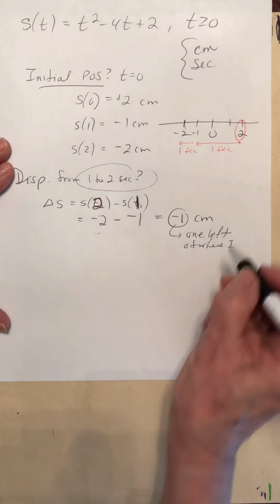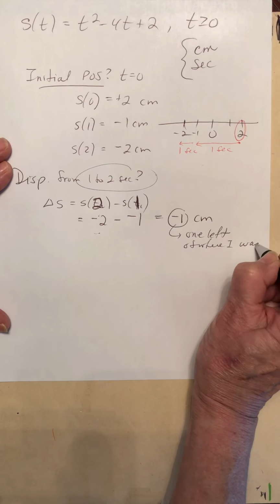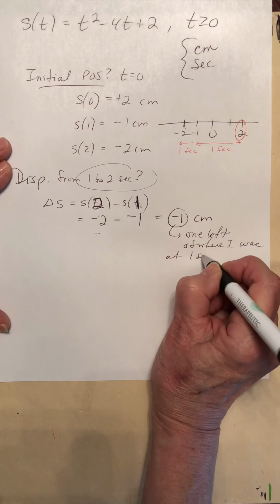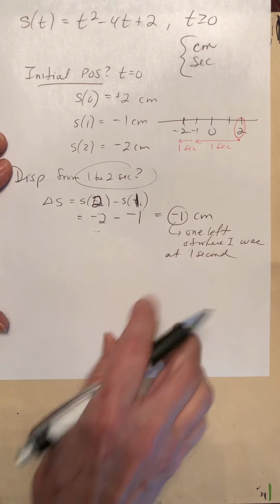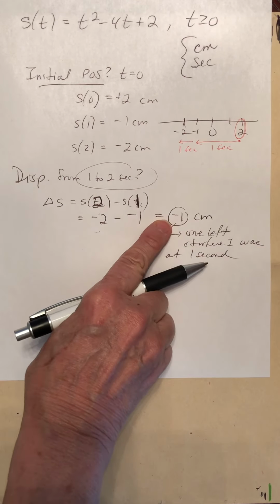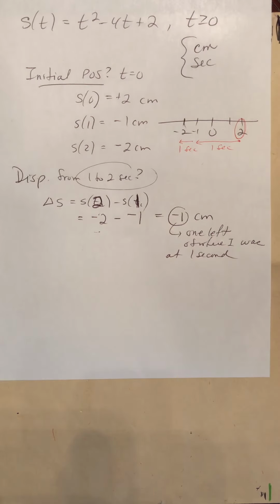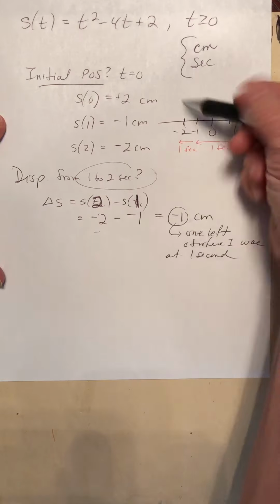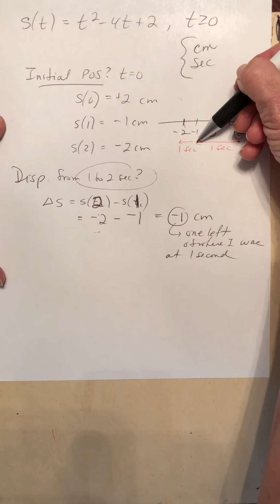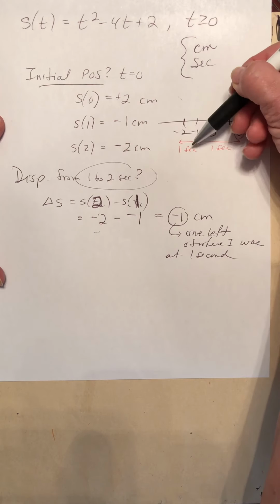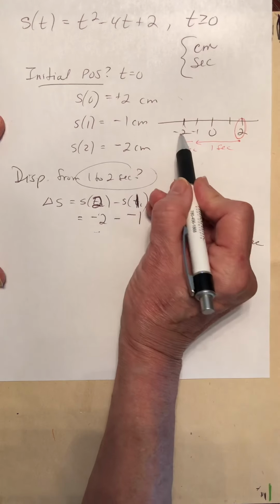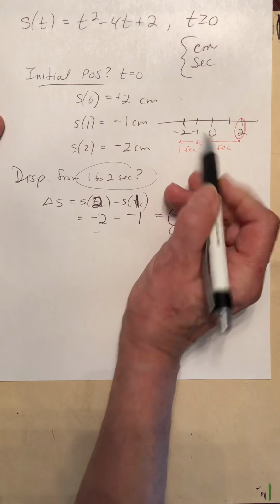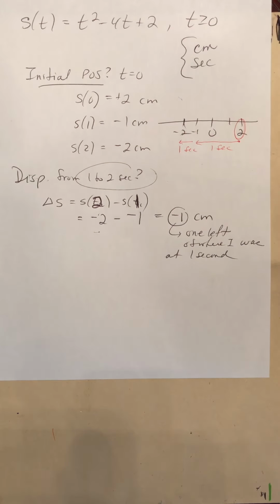I'm just saying 1 left of where I was at 1 second, because this is at 2 seconds. So the negative says I'm 1 left of where I was at 1 second. And look, that works. Here's where I was at 1 second. Here's where I'm at 2 seconds. So where is this compared to this? This is 1 left of where you were at.